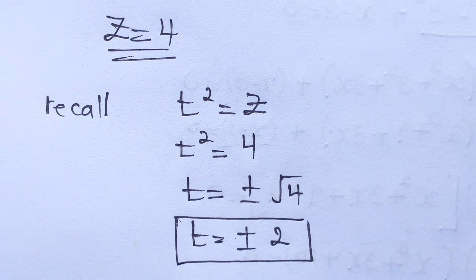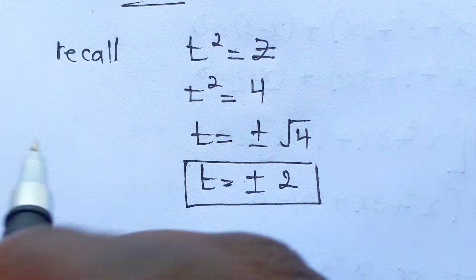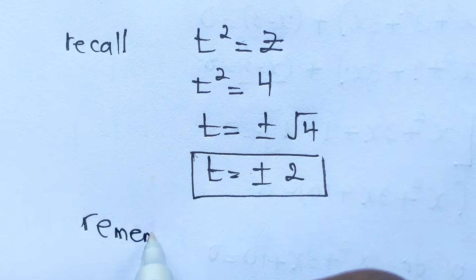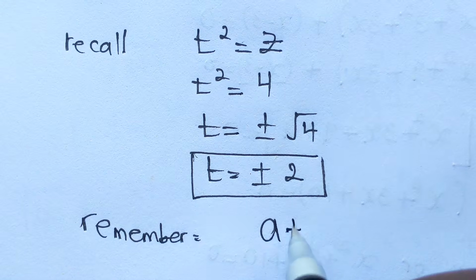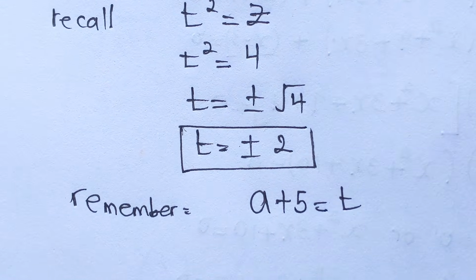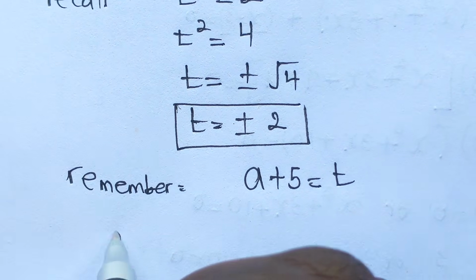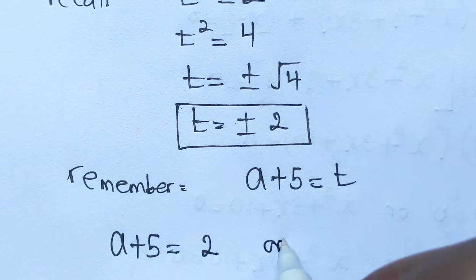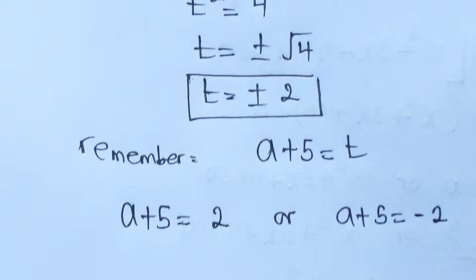Remember that a plus 5 is equal to t. So a plus 5 is equal to 2, or a plus 5 is equal to negative 2.